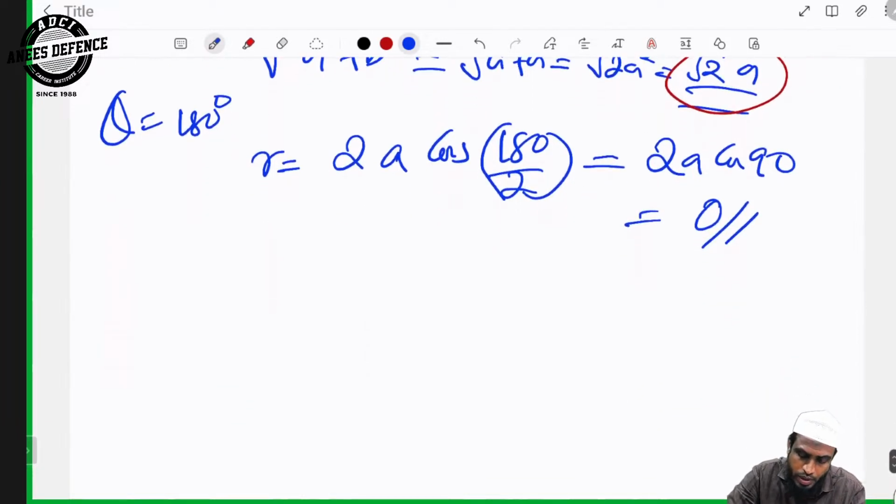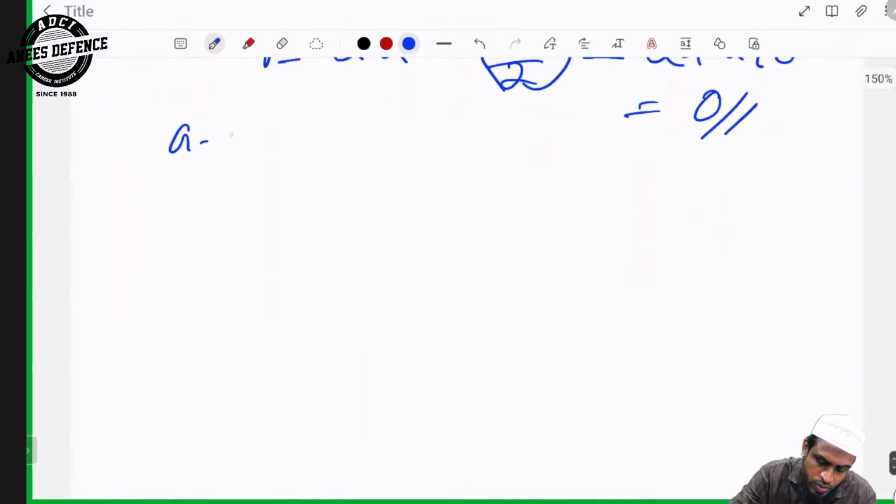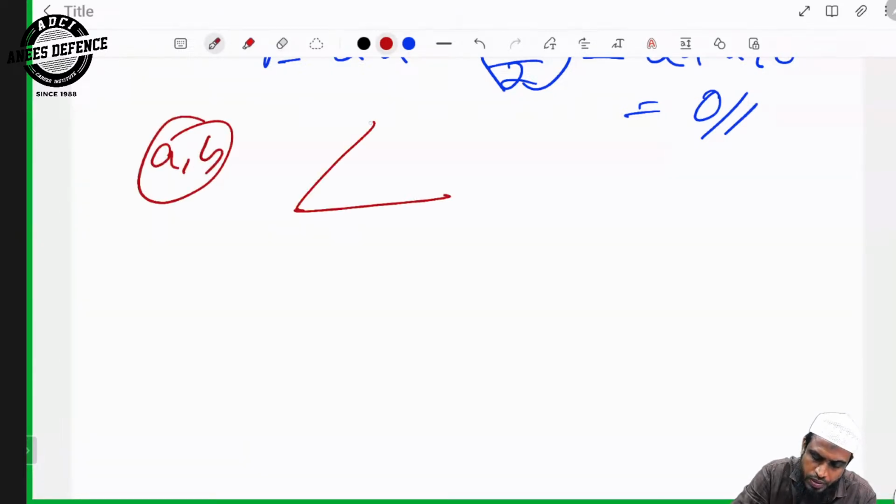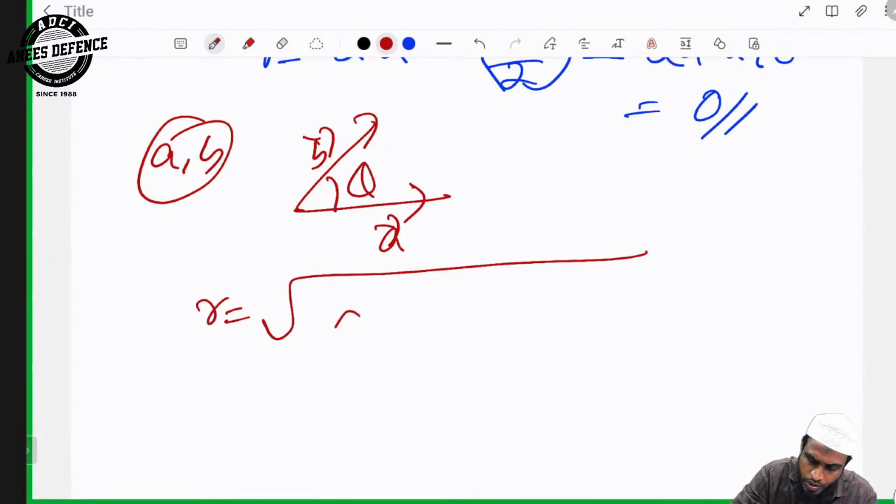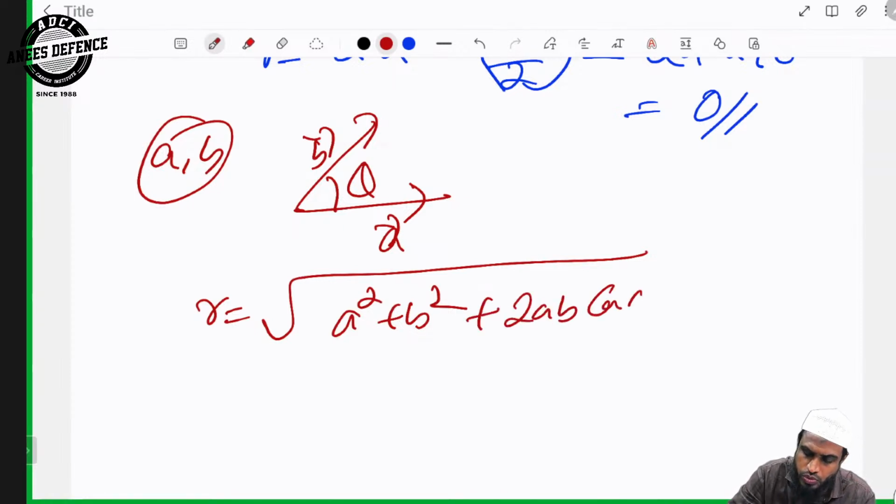So already I told, if two vectors A and B are there, with angle between A and B being theta, the resultant will be equal to root of A square plus B square plus 2AB cos theta.